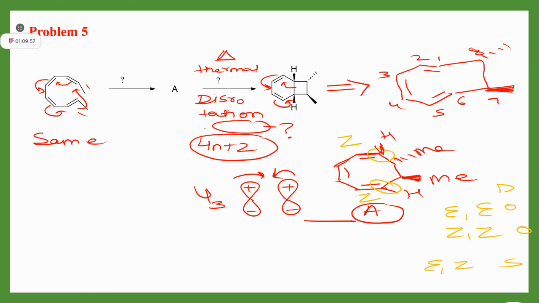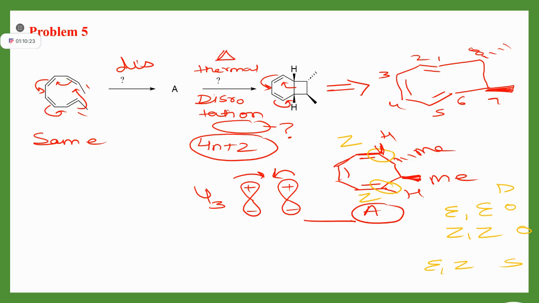Correct? But in the product they are trans to each other. Yes or no? So in the starting material they are the same, in the product they are trans. If you are doing conrotation, same will remain same. But you want them trans. So one thing is clear, you want this rotation here.